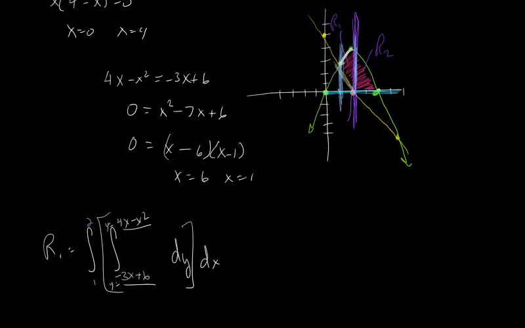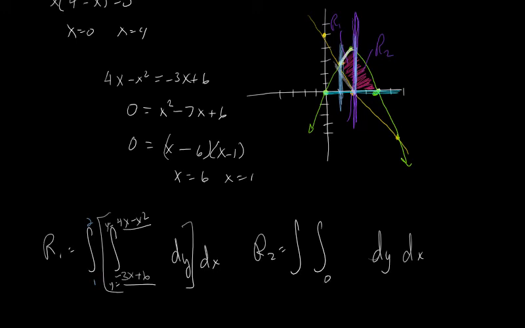Now we'll do the same for region 2. So region 2, we'll integrate with respect to y first, then x. Now here, our boundaries in the y direction are going to be slightly different, because now the line negative 3x plus 6 is too low. We don't need that one. We're stopping at 0.